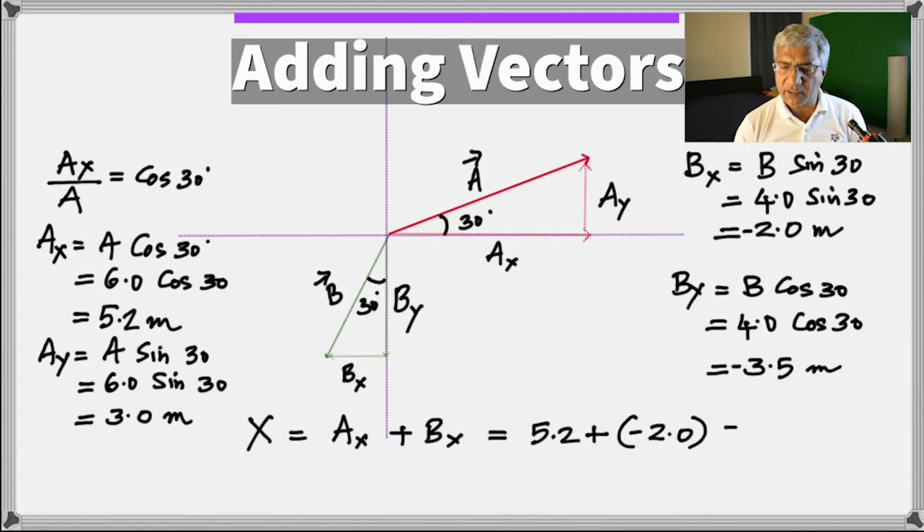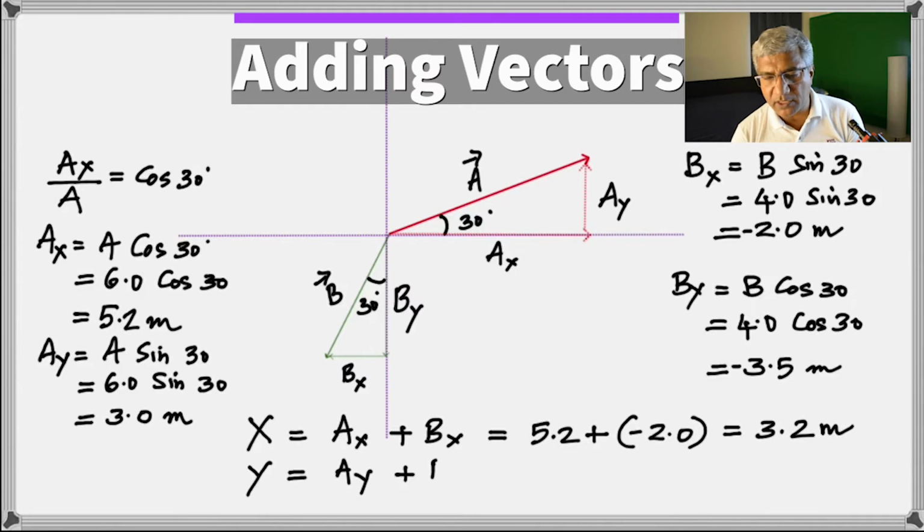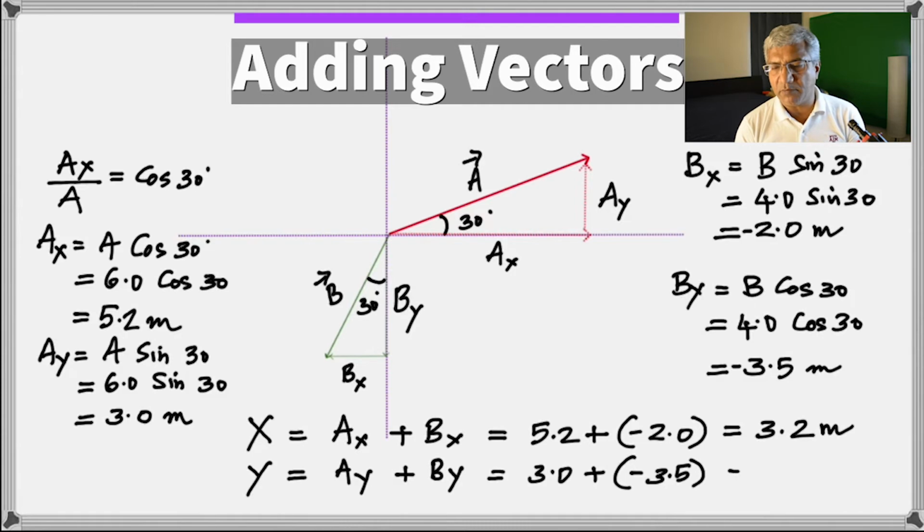So you add that, that will give you 3.2 meters. Now for the y, do the same. AY plus BY. And the AY is 3.0 plus BY is negative 3.5, both in meters, so you get negative 0.5 meters.